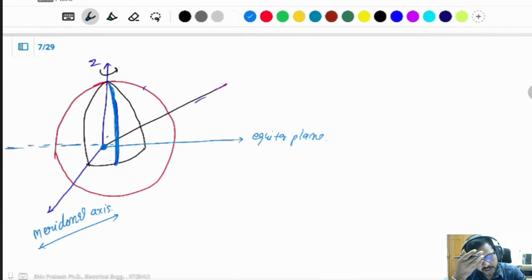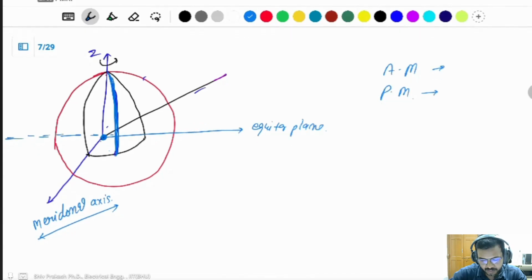You know about AM and PM timing, the same thing. What are AM and PM?